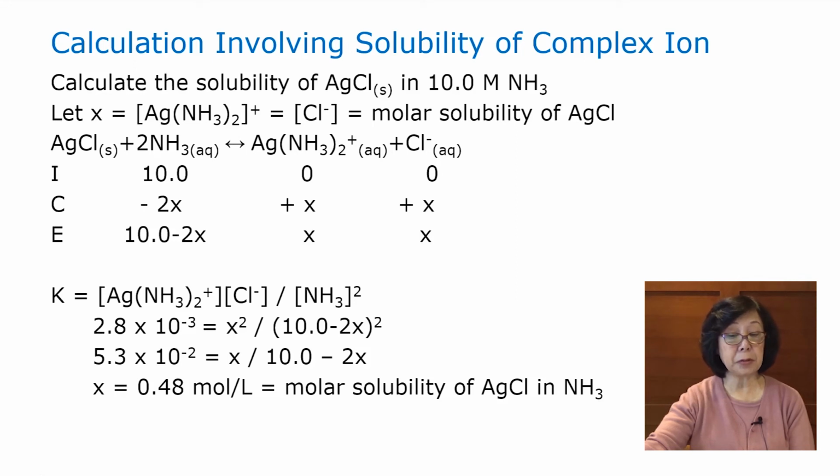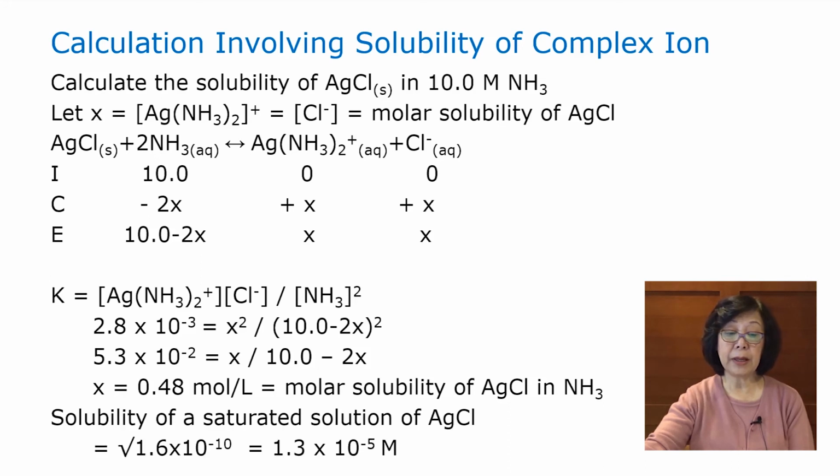This is the molar solubility of silver chloride in ammonia, and that number is quite large when you compare that with just pure silver chloride. The molar solubility is 1.3 times 10 to the minus 5. So we have greatly increased the dissolving of silver chloride by adding ammonia, which is a Lewis base.